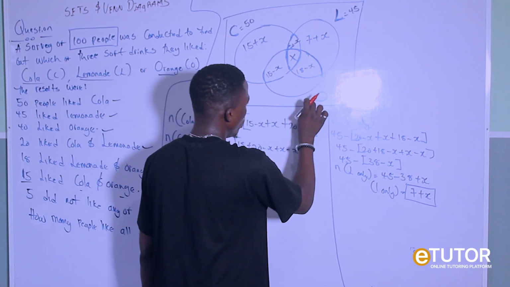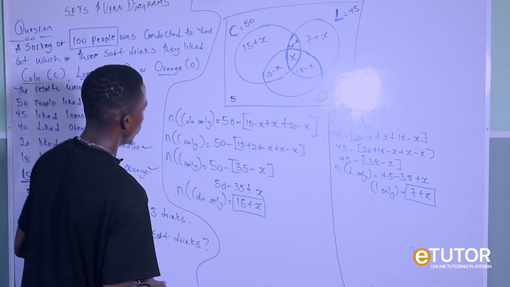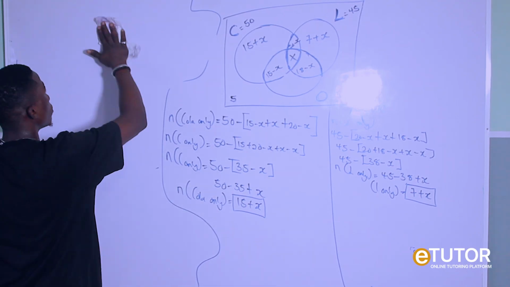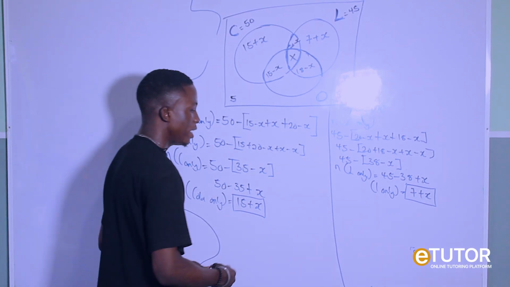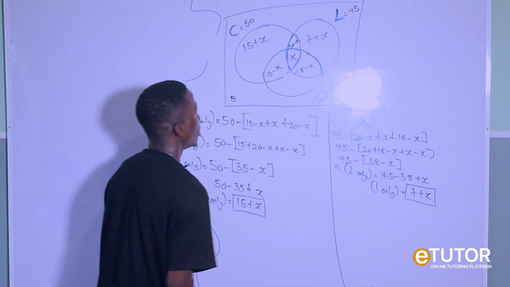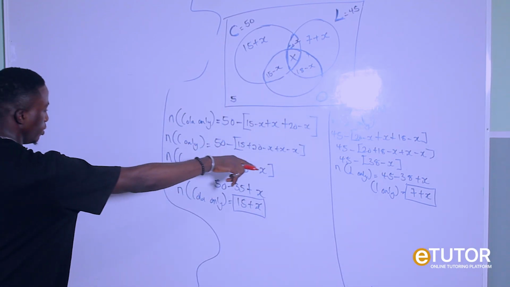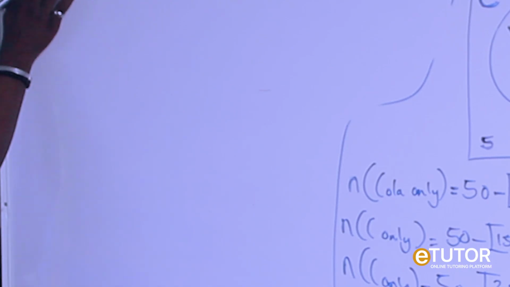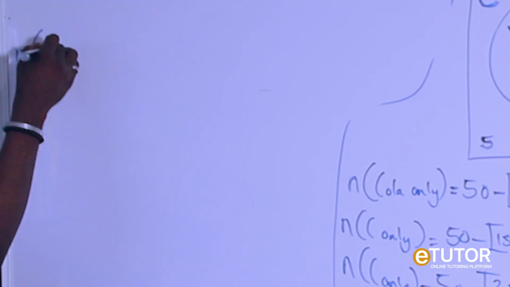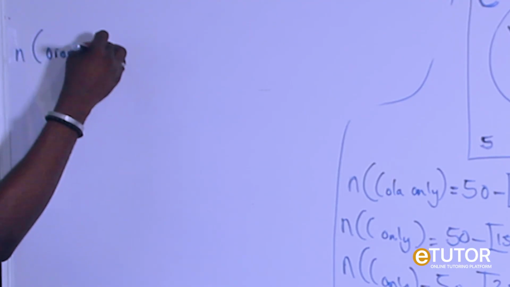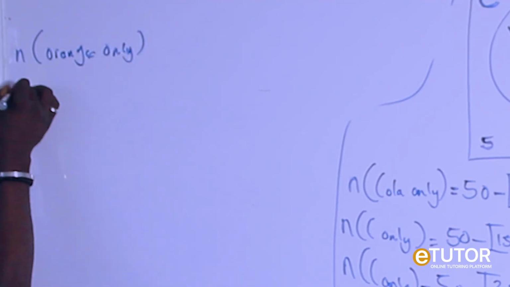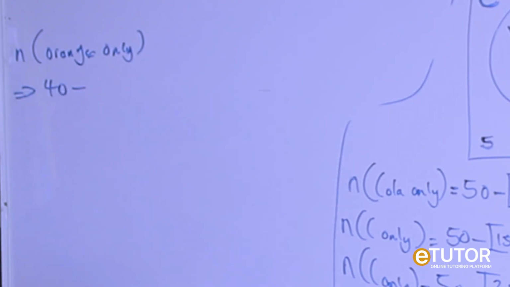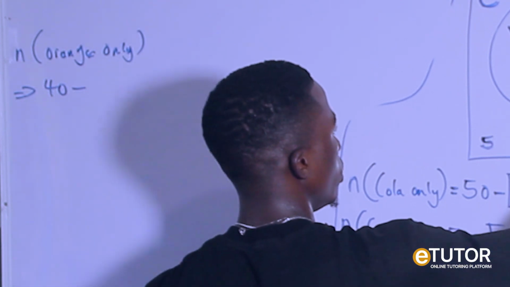Now, let us find the value of people that liked orange only. The next thing to do is to find the expression for people that liked orange only. The same thing you did in the previous two, you're doing the same thing now. So you're going to have n(orange only) is equal to 40 minus, this is the portion of orange.